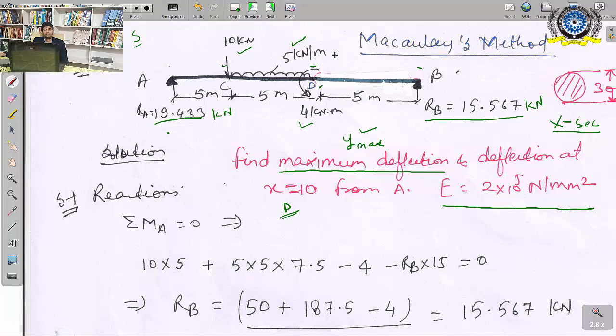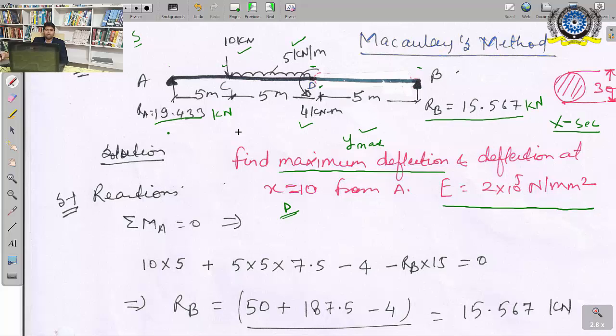One more thing: we have to make some trials, because the equations of deflection and dy by dx are different for different values of x. In general, the maximum deflection occurs somewhere near the midspan.